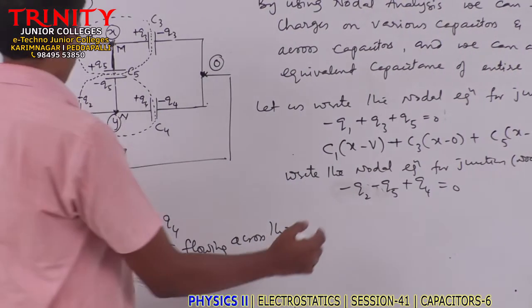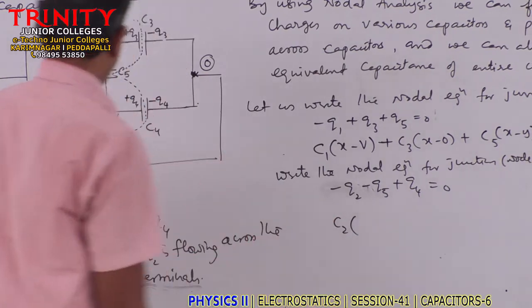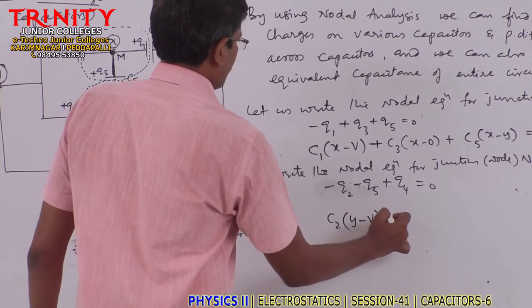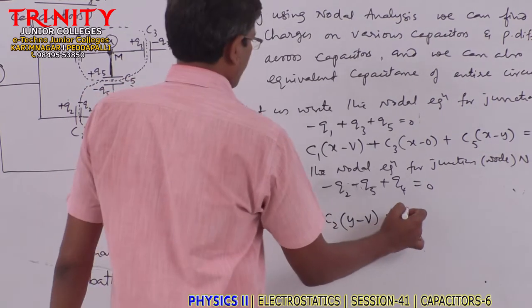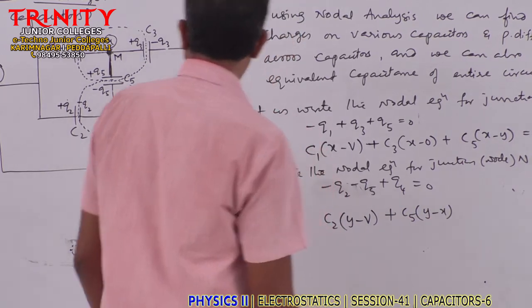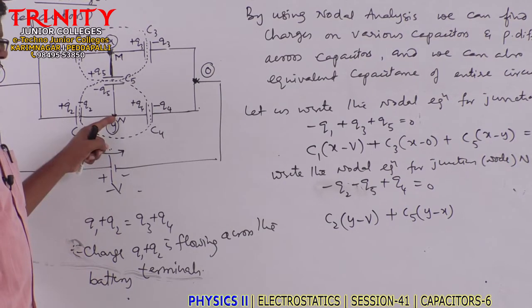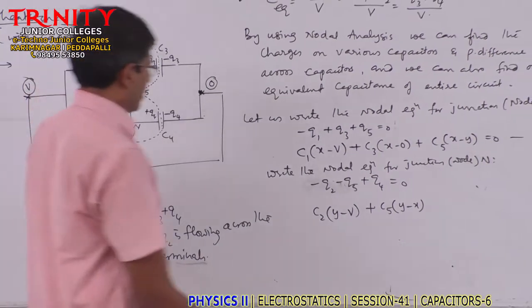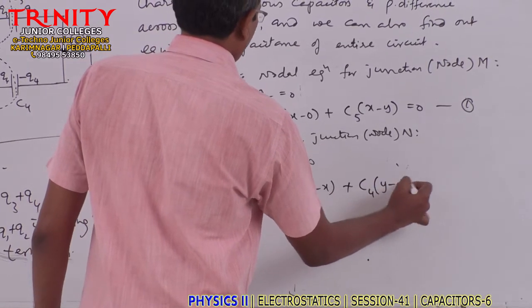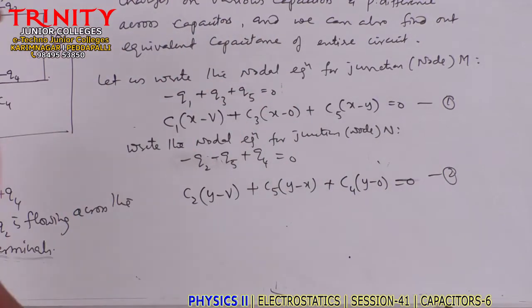So therefore what you can write is C2 into Y minus V, plus C phi into Y minus X, because this minus Q phi is there, you are looking from this to there. And here you can write C4 into Y minus 0 is equal to 0. So this is the second equation.